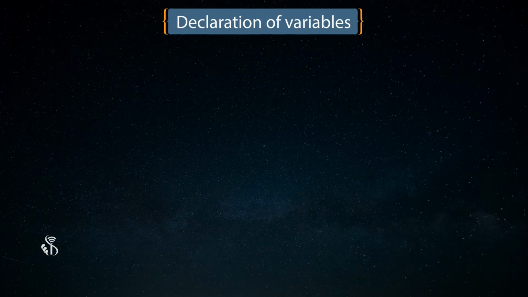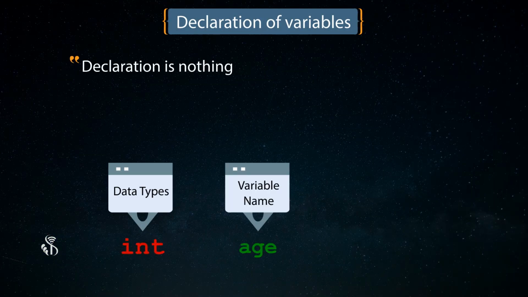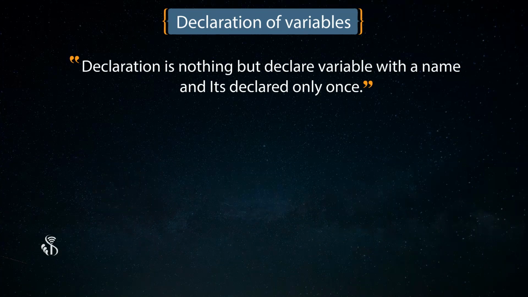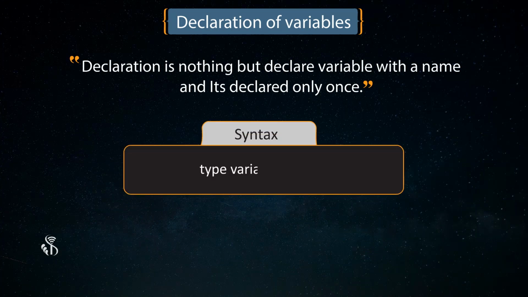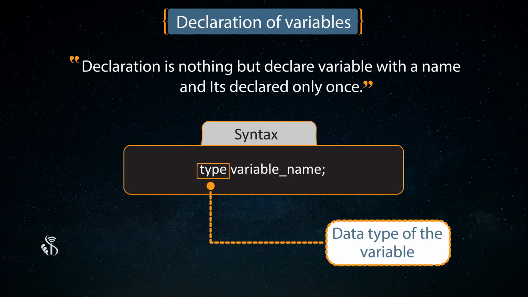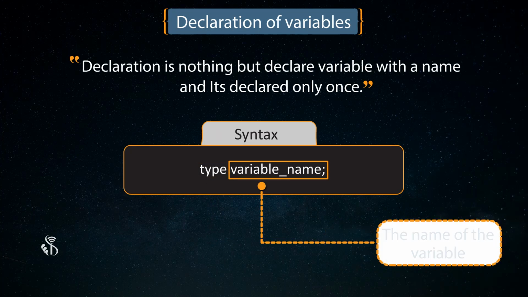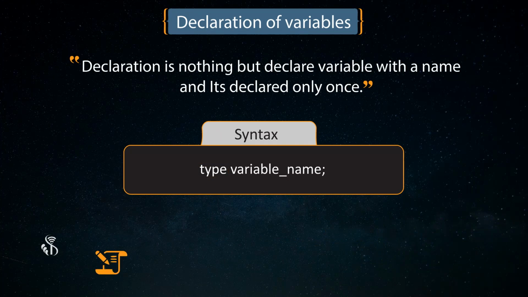Declaration of variables. Declaration is nothing but declaring a variable with a name, and it is declared only once. Syntax: type variable_name;. Here, type specifies the data type of the variable, and variable_name is the name of the variable.